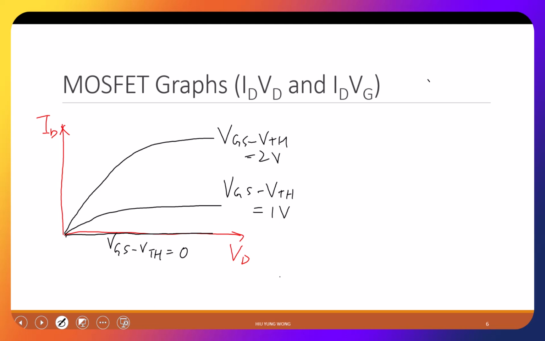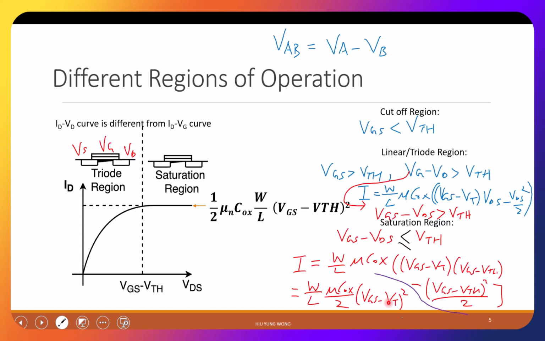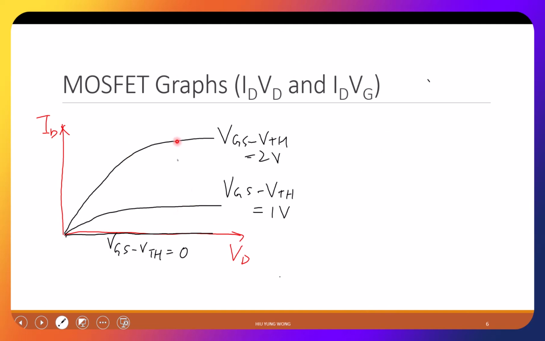That is the third curve. Do you see that the spacing is different? That is expected because the current depends on the square of VGS minus VTH. That is why I need to redraw it. I did not draw it well. Again, this region is the saturation region, and this region is the linear region. That is the first thing I want to say.